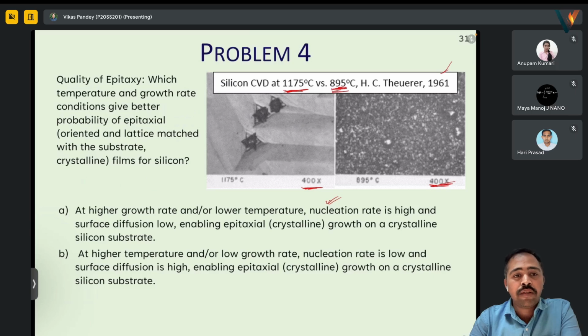Which of these will give a better probability of epitaxial, that is fully oriented and lattice matched with the substrate, formation of silicon? A, that is a higher growth rate or lower temperature.